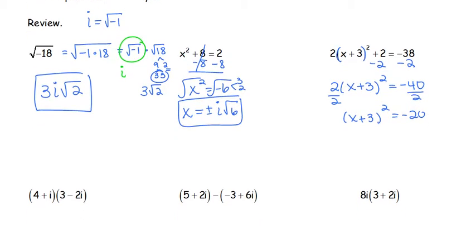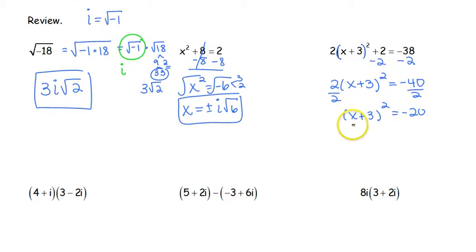Now that I have finally isolated the quantity that's being squared, I can undo the square symbol. The opposite of squaring something is taking the square root. The square root and the square cancel each other out, leaving us with x plus 3 is equal to, we've got to add that plus or minus in there. The fact that I have the negative means that there's going to be an i on the outside.